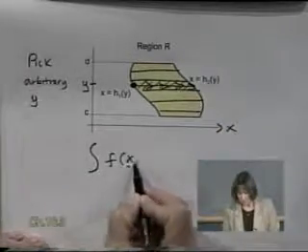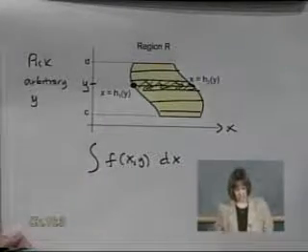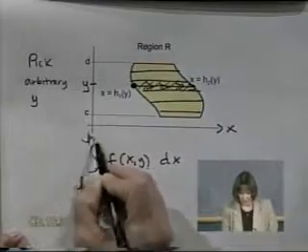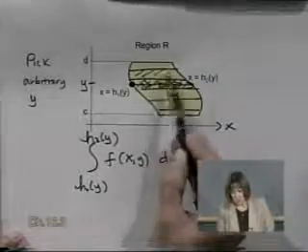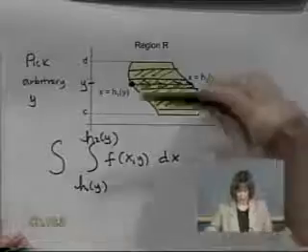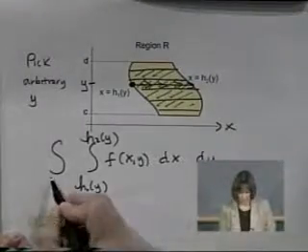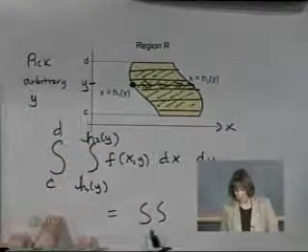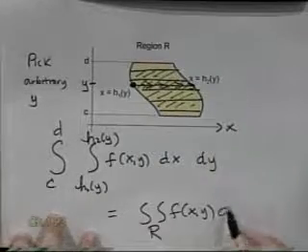So the inner integral is going to be in x. What is x ranging from? The lower limit is h1 of y. The upper limit is h2 of y. And after I take each of these strips, each one separately, and sum all those up, my y is going to be ranging from C to D. And that order of integration would give you the integral of the function over that region, which I have in yellow, f of x, y dA.